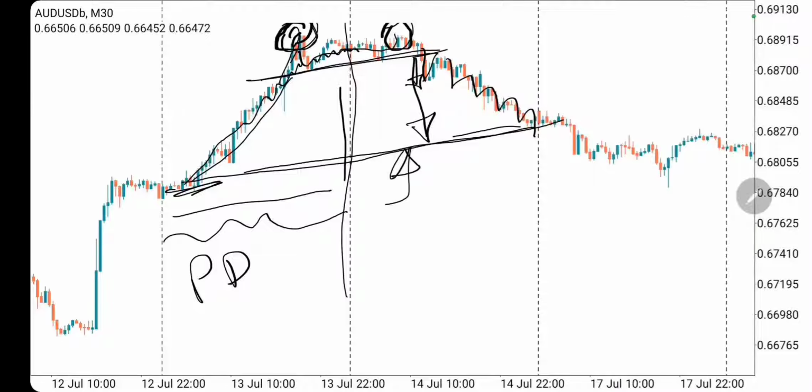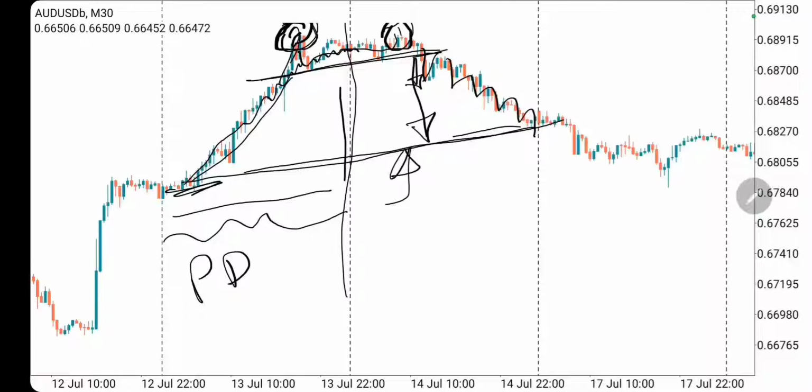You look for a double top or double bottom. Here a top was formed in the previous day, and in the new day a second top formed, and now the neckline was broken, and you could have entered into this trade and made some money.